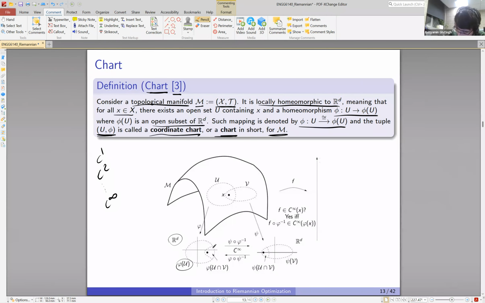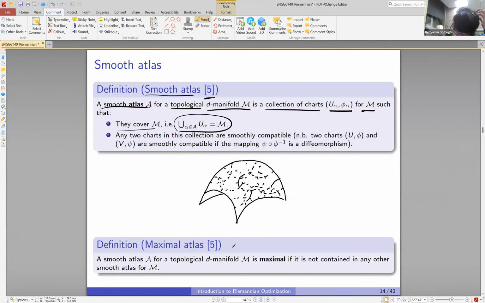So I can go from this to the manifold and come back here, and it's smooth, C infinite, right? Note that two charts U, phi and V, psi are smoothly compatible if this mapping is a diffeomorphism. It's a homeomorphism which is also differentiable, and it's smooth. Okay.